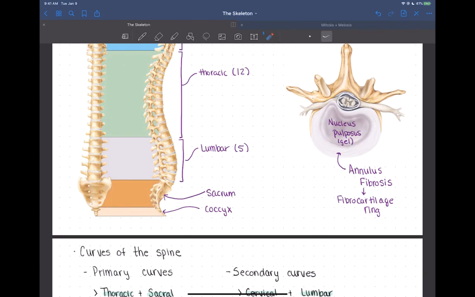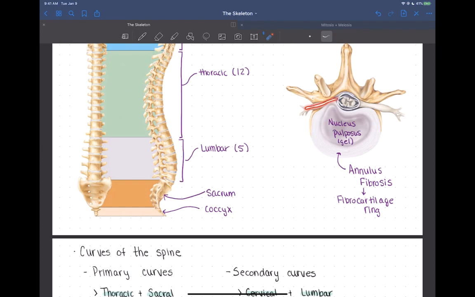Your notes ask about a disc when it herniates, what is happening, and that's why I like this picture, because it's actually showing you what's going on. When a disc herniates, you get a bulge in that annulus fibrosus, and it can become very painful and cause a lot of problems when that bulge pushes on what we're seeing here.